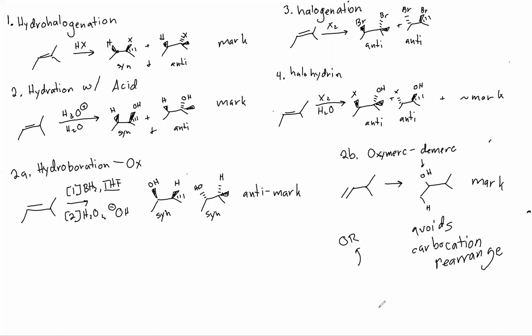All right, so now we're going to get into the epoxide formation, which will be closely followed by the dihydroxylation. So the epoxidation is going to basically take this double bond and turn it into something called an epoxide.